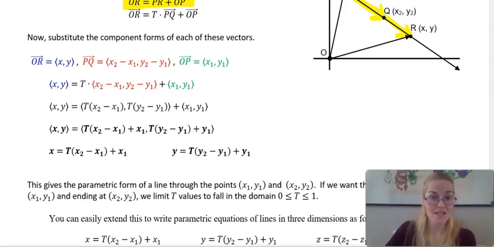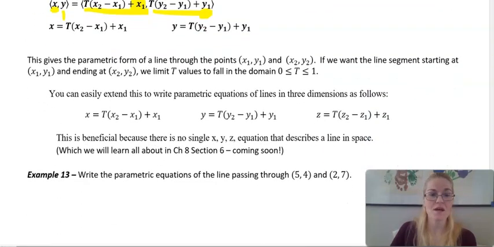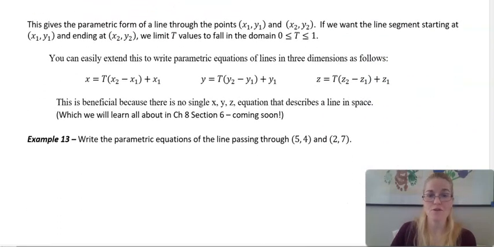When I distribute the T through and add in component form, this means arbitrary x must equal my initial x plus T times x2 minus x1. And arbitrary y must equal my initial y value plus T times y2 minus y1. These should look very familiar. They are just like what we did in 6.3. So this gives the parametric form of a line through 2 points.